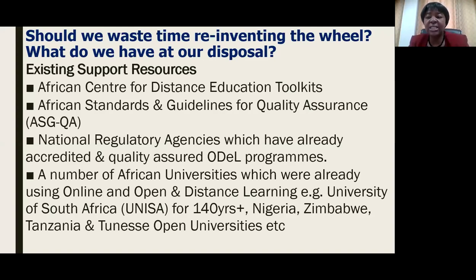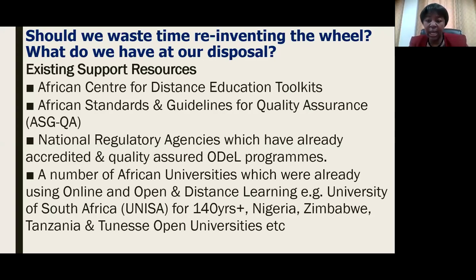Should we waste time reinventing the wheel? What do we have at our disposal? At continental level, for example, the African Center for Distance Education has got toolkits. African standards and guidelines were designed and written under the Accra Initiative Project, phase 1, where I was the Accra project manager in the AAU.